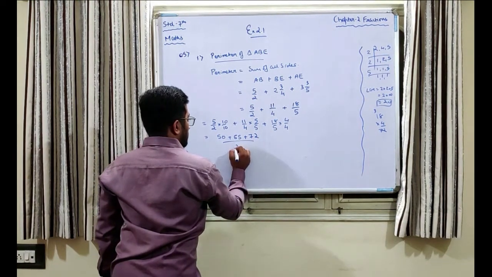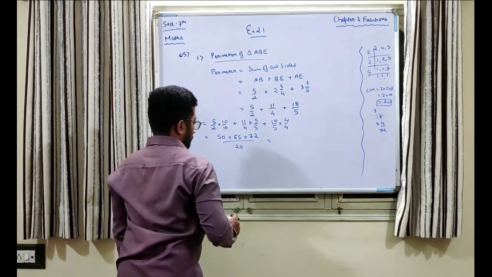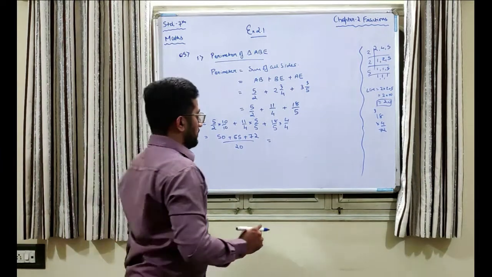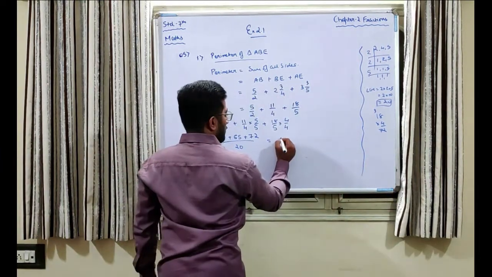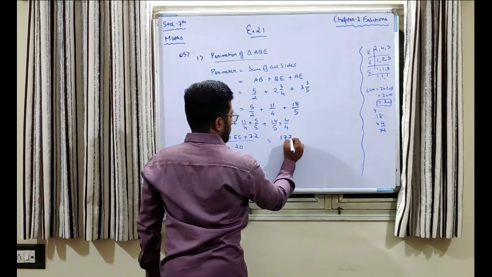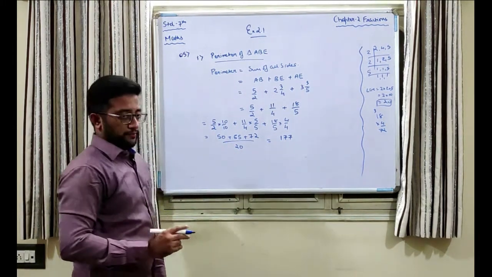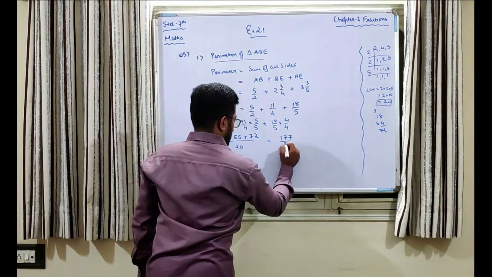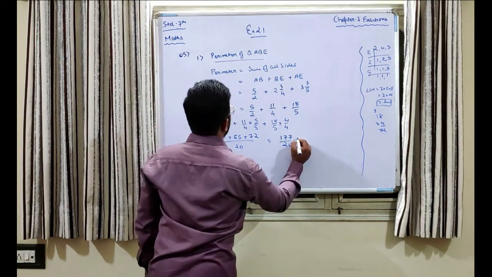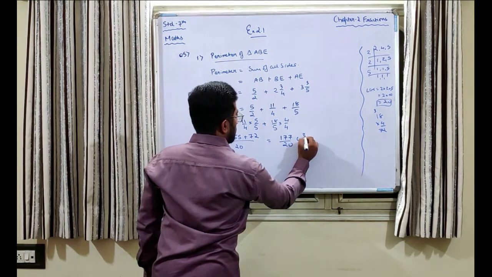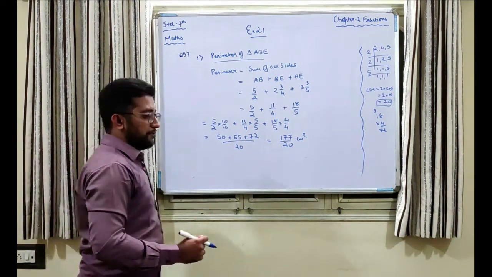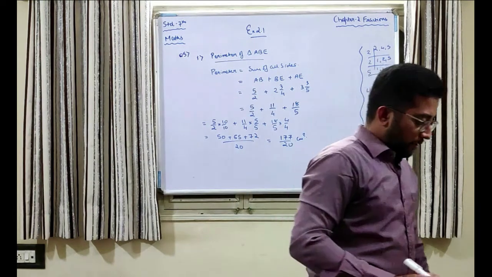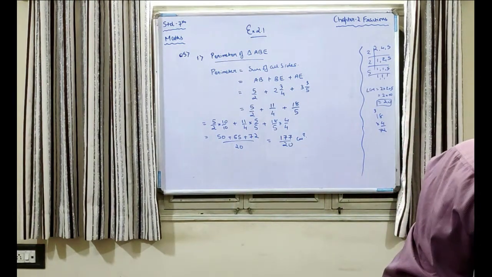We will divide it by 20. So 50 plus 55 will be 105, 105 plus 72 will be 177. Okay, divide by 20. So this is our perimeter for triangle. Okay, similarly we need to find the perimeter of rectangle.